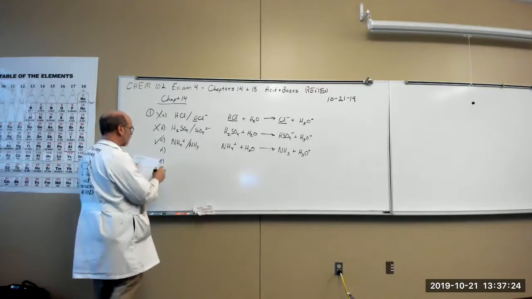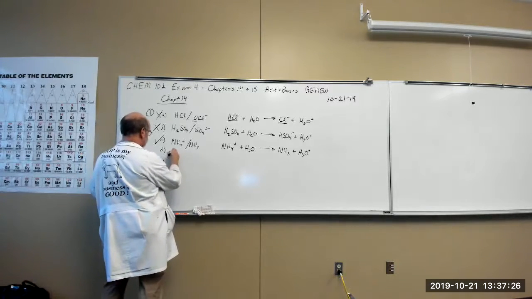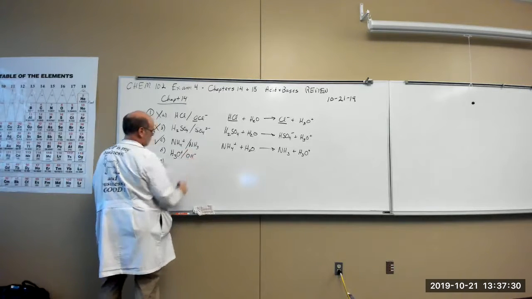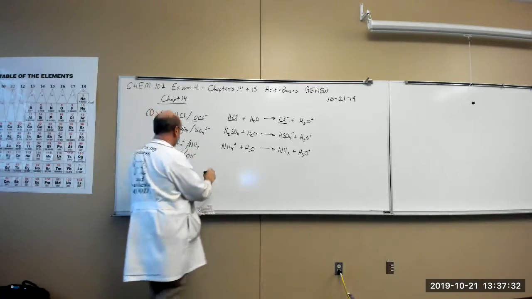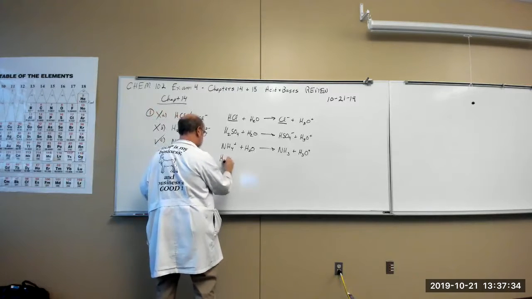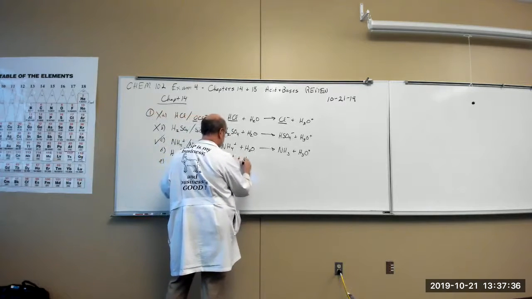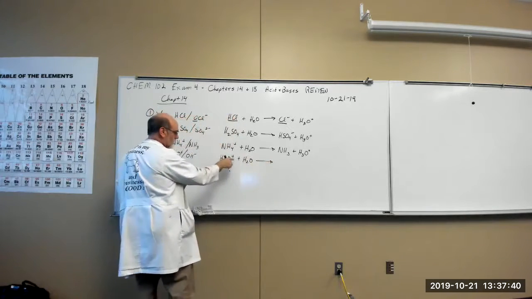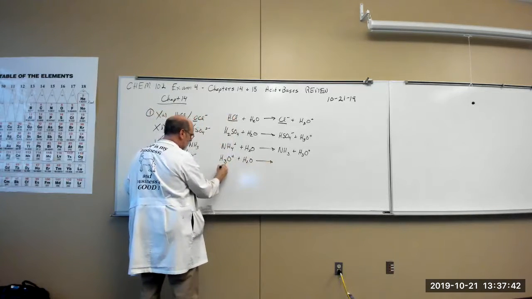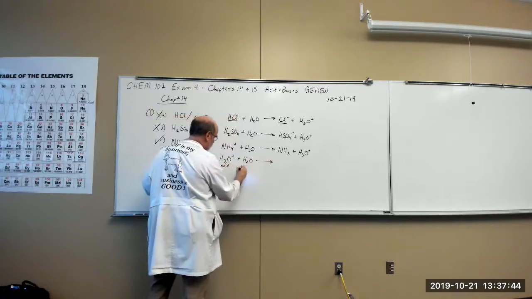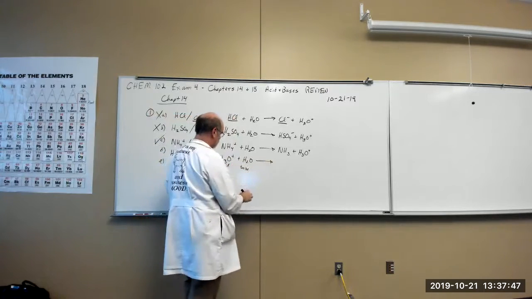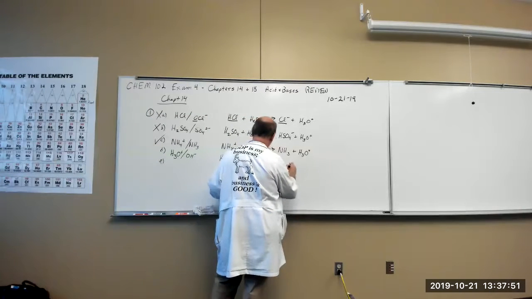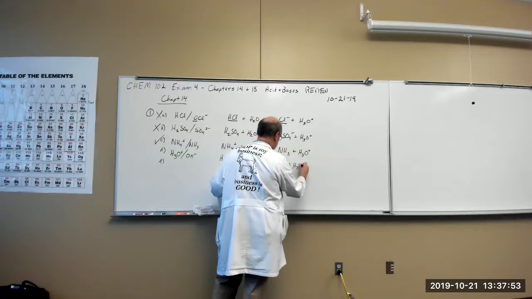But if D's not, let's try this one. So what would that have to do? If we put this one in water, it's going to transfer that proton to that water. So this is the acid, this is the base in this reaction. So that proton transfers over, leaves us with this one and that one.